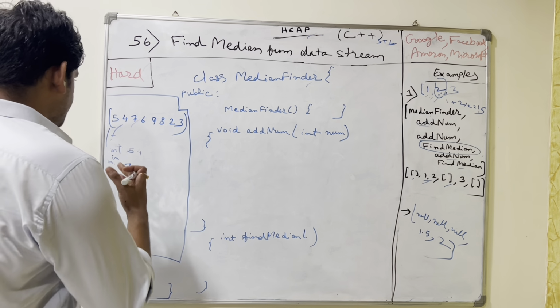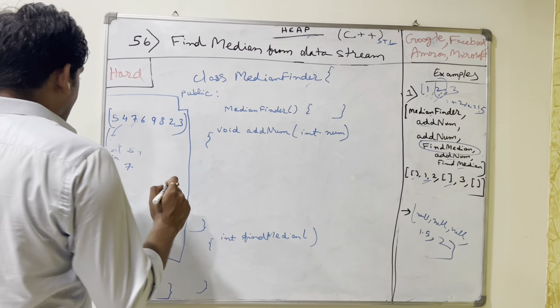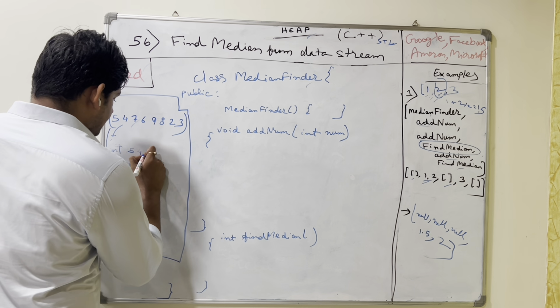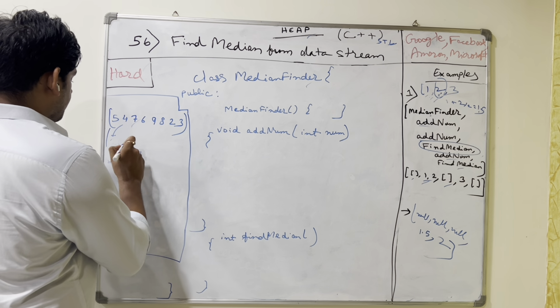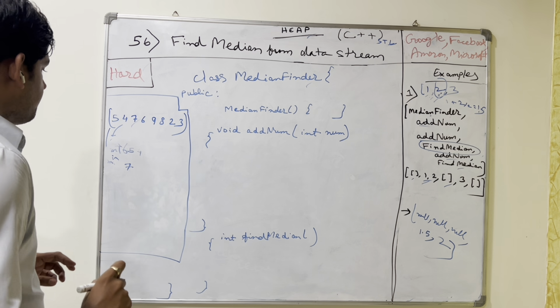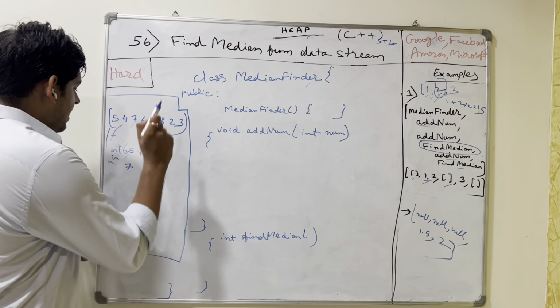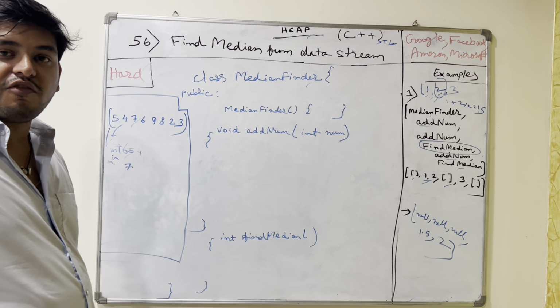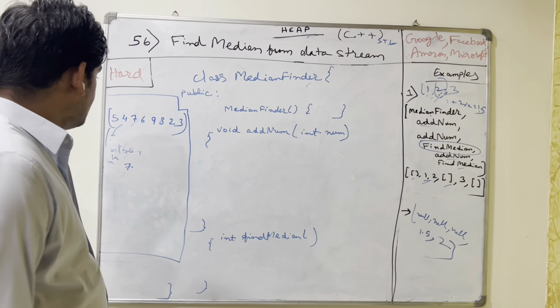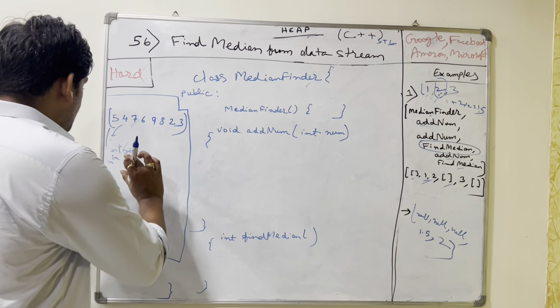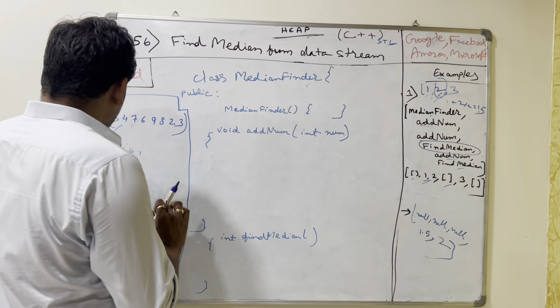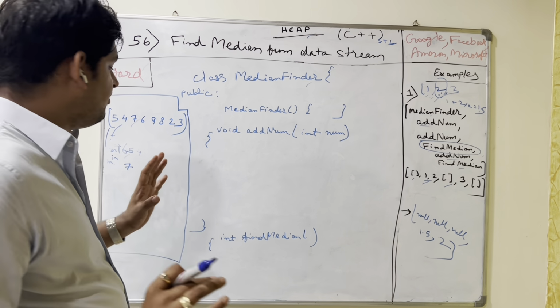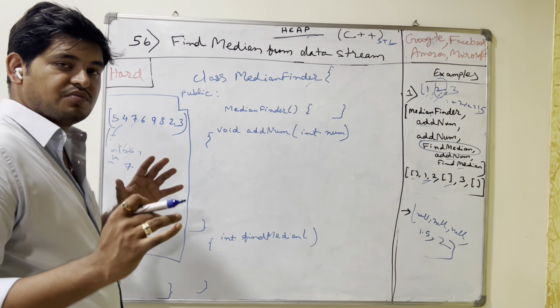Now when 6 comes, 6 is inserted here, and 6 will come on top because 6 is greater than 5 and 4. Now, is the top element of the max heap greater than the top element of the min heap? No. So now when we take out the average of 4, 5, 6, 7, we know that this M1 size is more.